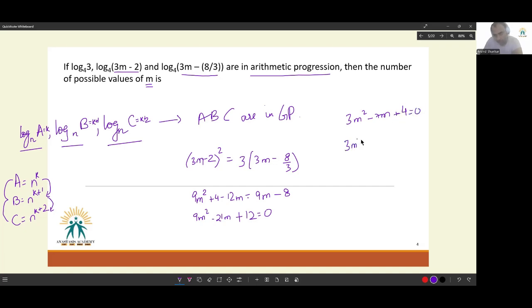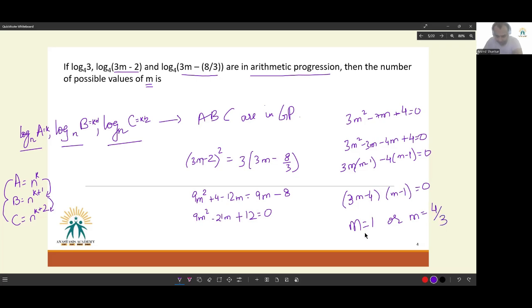So 3m square minus 3m minus 4m plus 4 is equal to 0. Taking 3m out, I get 3m(m minus 1) minus 4(m minus 1) is equal to 0, or (3m minus 4) into (m minus 1) is equal to 0. So m is equal to 1 or m is equal to 4 by 3.